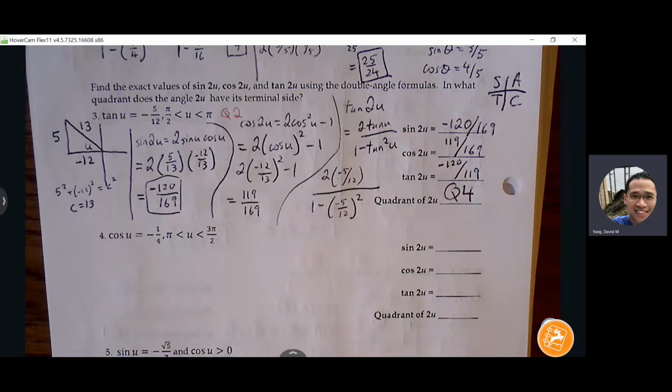But you're going down, so negative. Down, left.